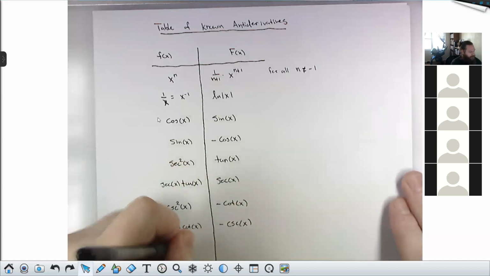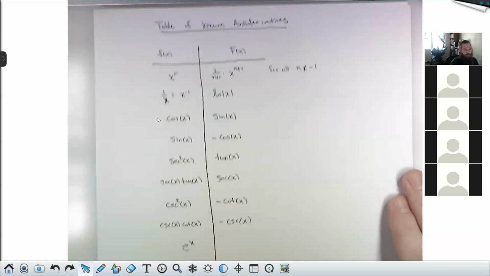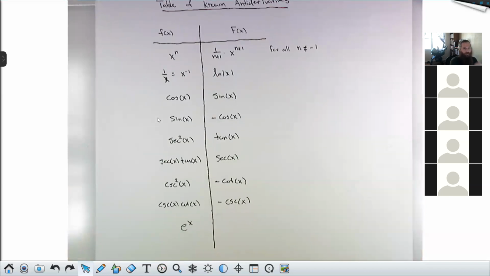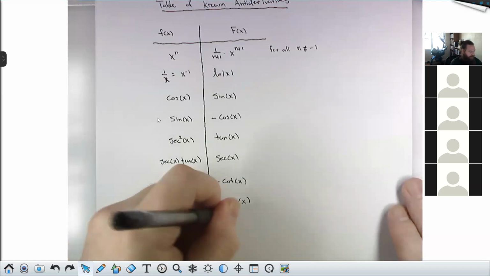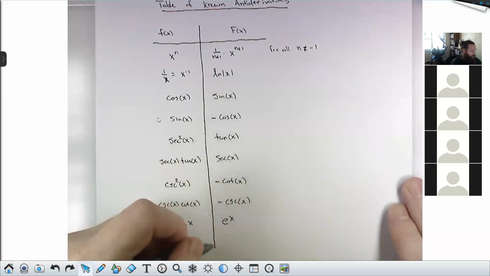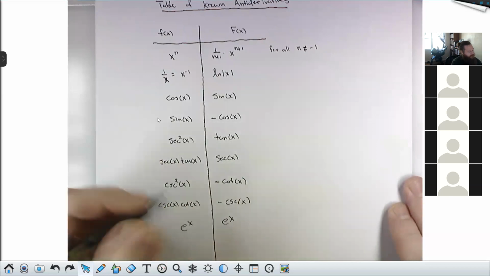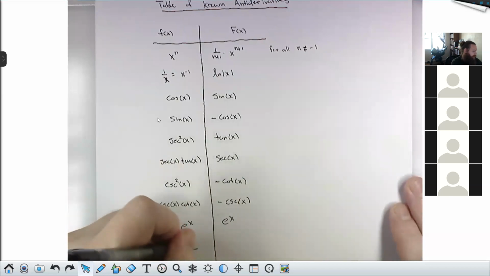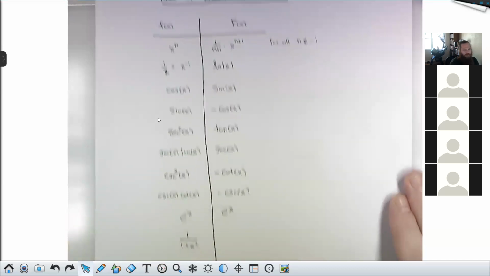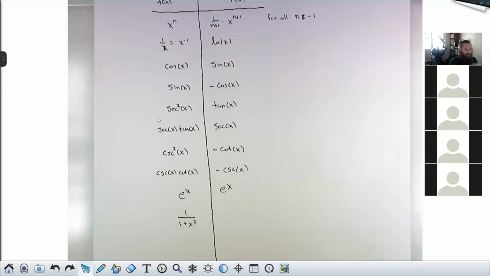Here's everybody's favorite one. What's an antiderivative for e to the x? E to the x. Yeah. Very good. All right, here's a few trickier ones. What is an antiderivative for 1 over 1 plus x squared?